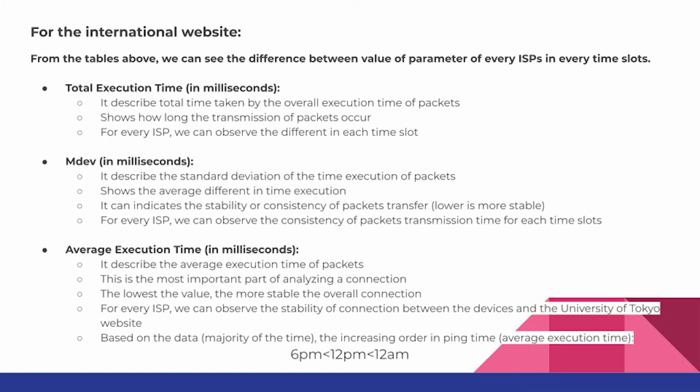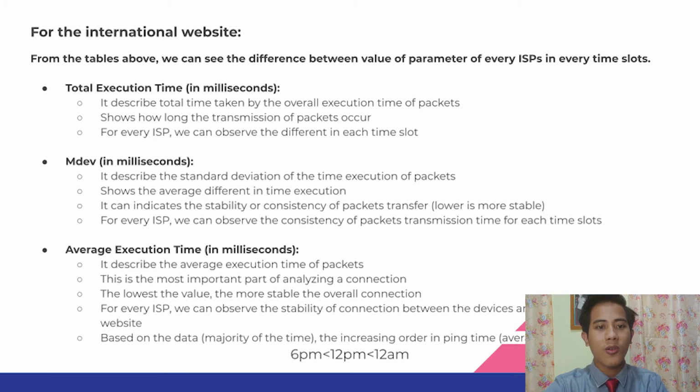Based on the data that we got, the majority of the time, the increasing order in ping time is 6 PM, followed by the 12 PM, followed by the 12 AM, which is the highest value of the execution time. So we can see the order in ping time of the FSKTM website and the University of Tokyo website are different, since they are in 2 different countries with 2 different timelines.